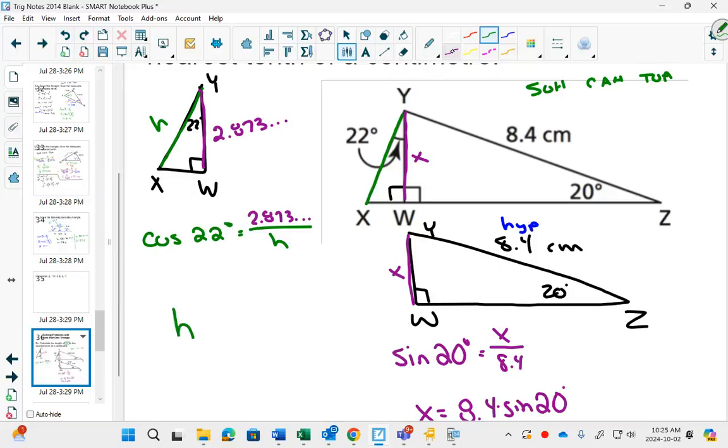Again, I'm okay if you go right to this, but if you need to first multiply both sides by H, and then divide both sides by cos 22, that's fine. Again, only use the shortcut if you understand what's happening.